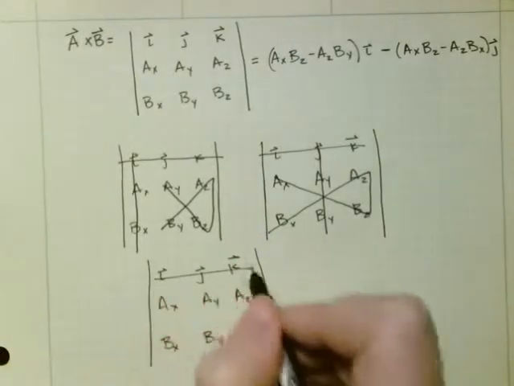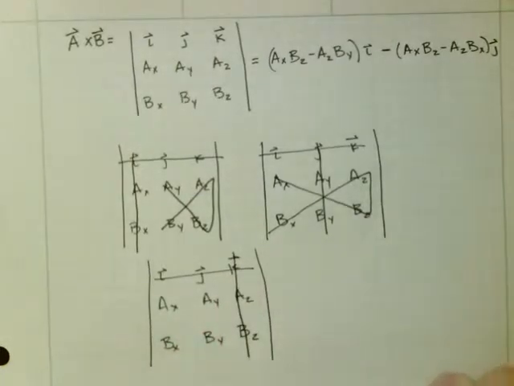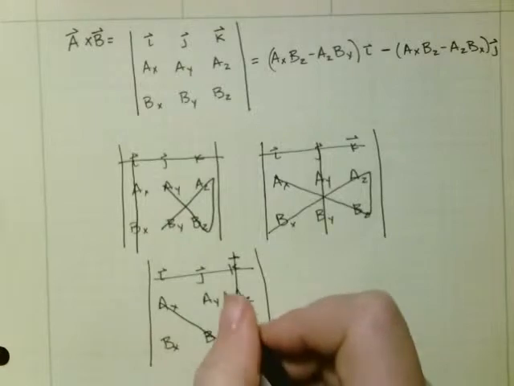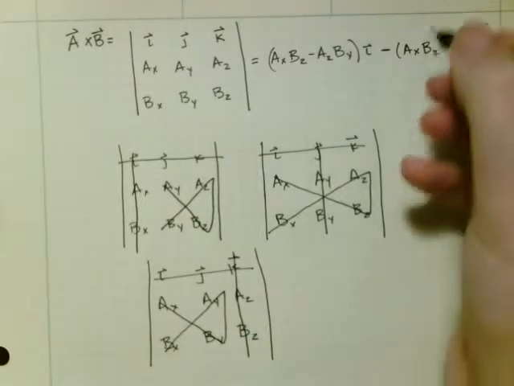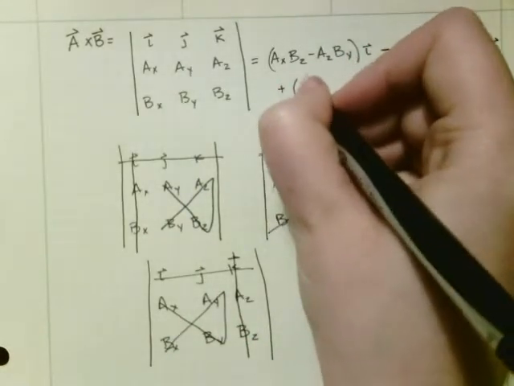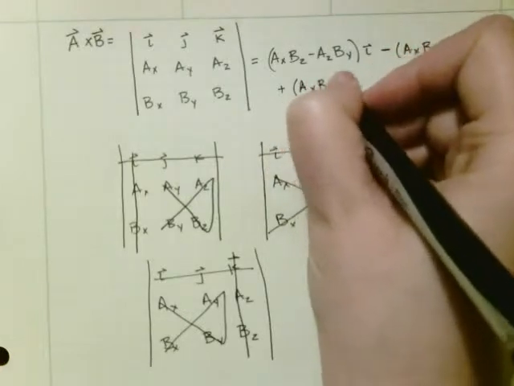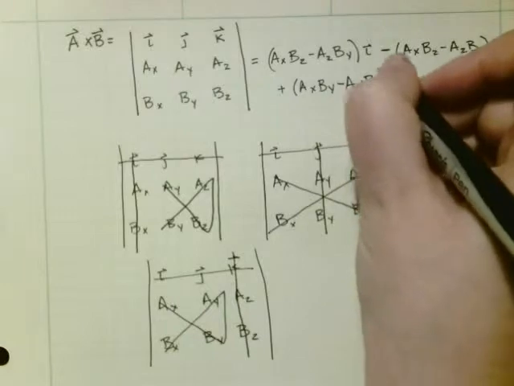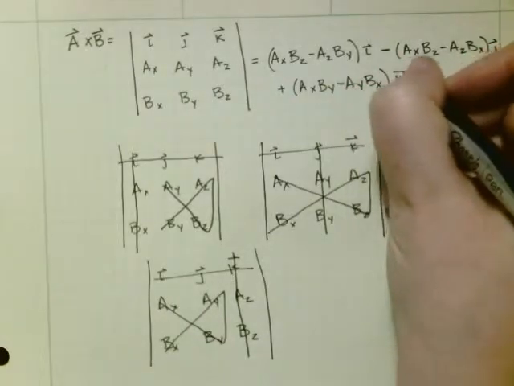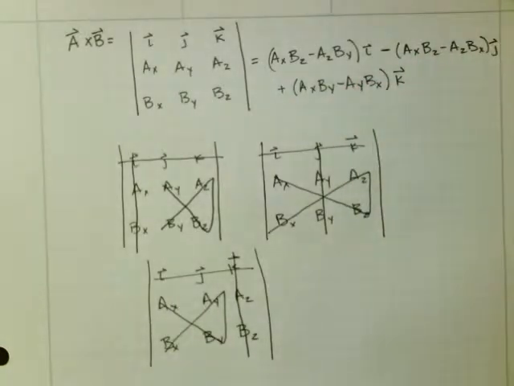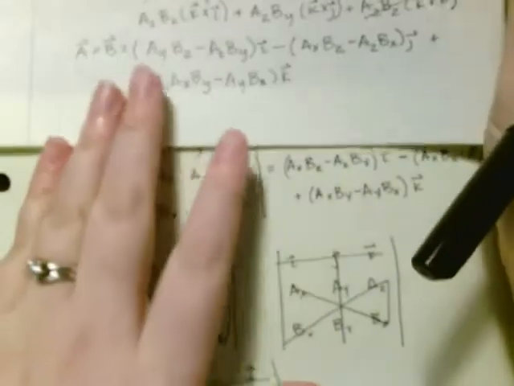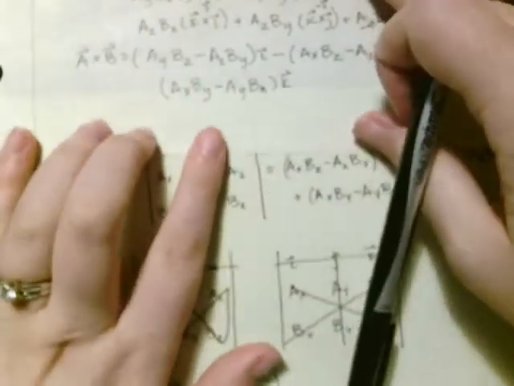okay, cross out the row and column of K, and then it's AX BY minus AY BX. So plus AX BY minus AY BX multiplied by K. Now if we look, that's exactly what we got when we multiplied the whole thing out.